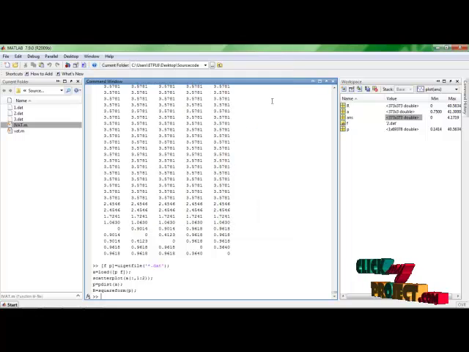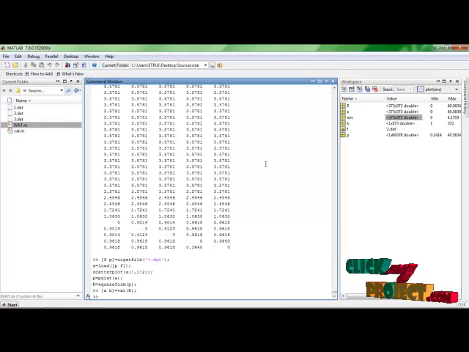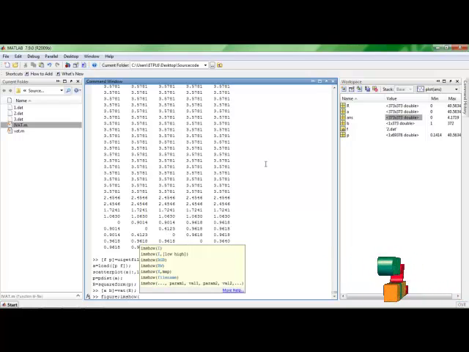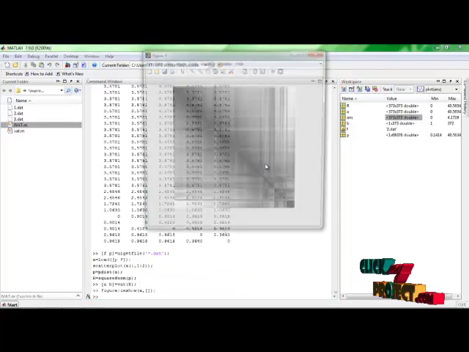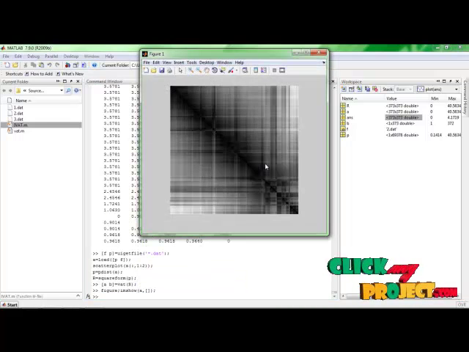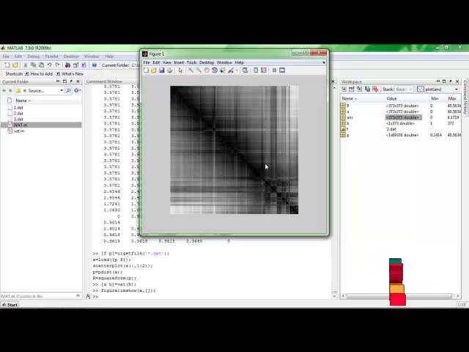Here I give the commands. Here, this figure displays the result of applying the VAT algorithm.